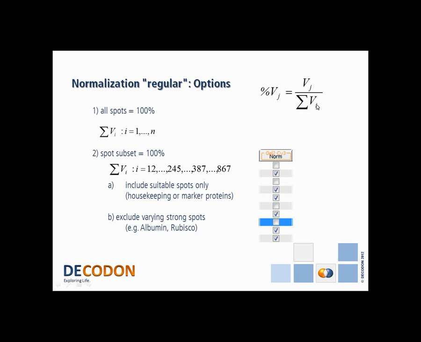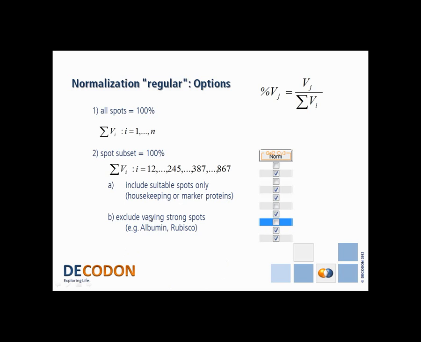So these volumes shouldn't be the sum of all volumes available, but only some of the volumes, maybe 12, others 245, and so on. And these spots could be a list of suitable spots, for example, housekeeping or marker proteins, where you know these spots do not change in my experiment. They are really a stable basis for normalization.